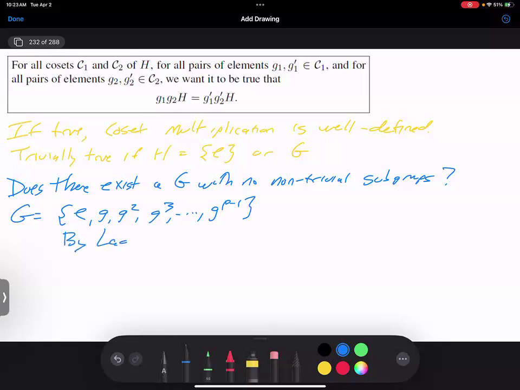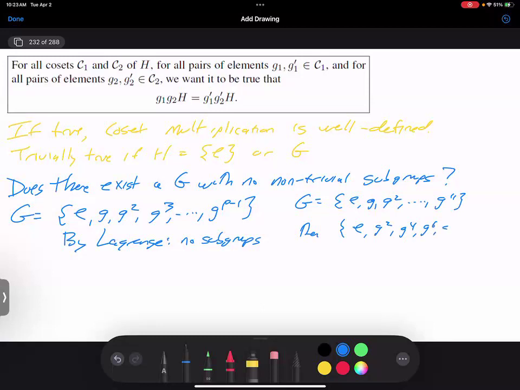By Lagrange, no subgroups. Right? If I took instead G equals, say, e, g, g squared, all the way up to g^11, then I could have e, g squared, g to the 4th, g to the 6th, g to the 8th, g to the 10th.